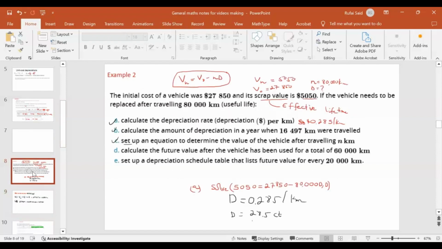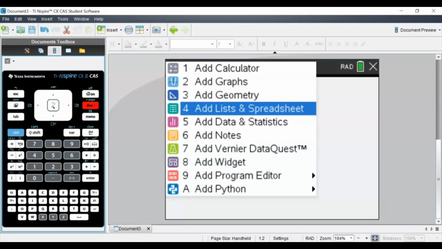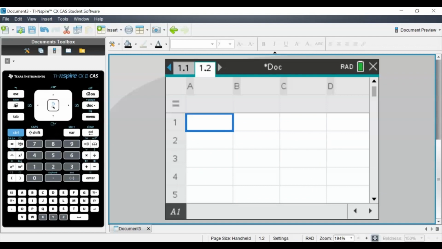All right, that's the next one. Then set up a depreciation schedule table that lists the future value for every 20,000. The best way of doing this is by using the spreadsheet, control doc, lists and spreadsheet, for every 20,000.